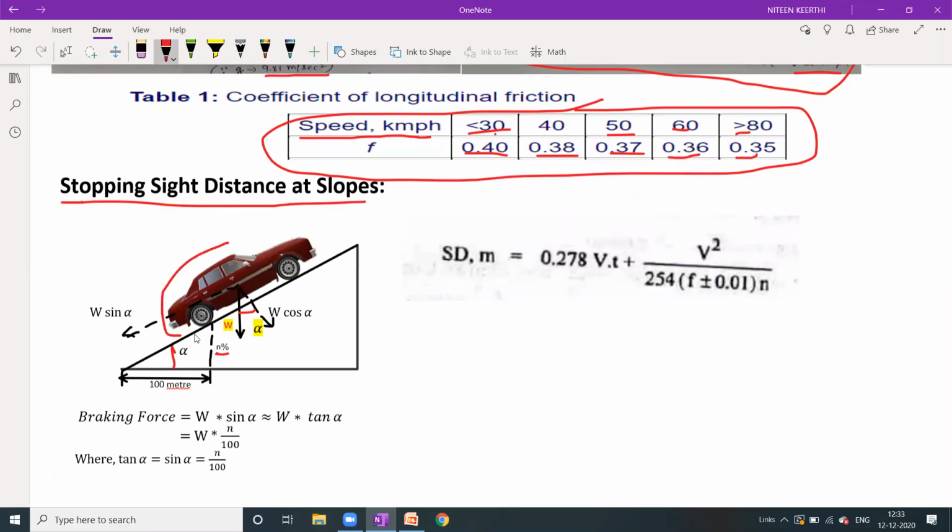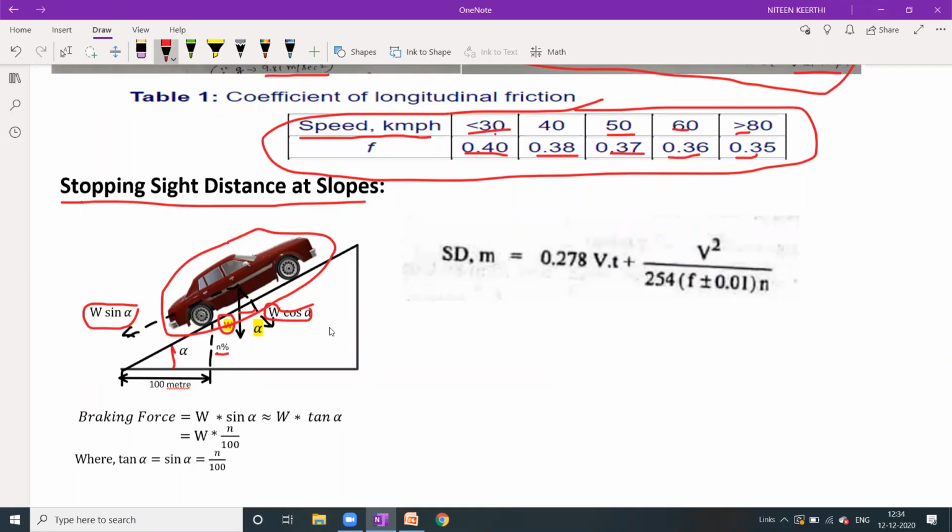Whenever a vehicle climbs this type of ascending gradient, the weight of the vehicle is important, and also the angle it makes. So we say W sine alpha and W cos alpha, when I split the inclined angle into two components, sine and cos.